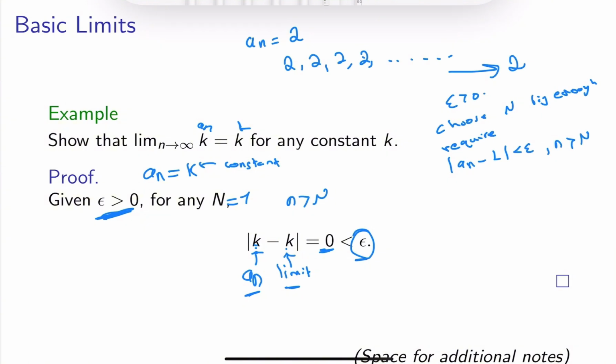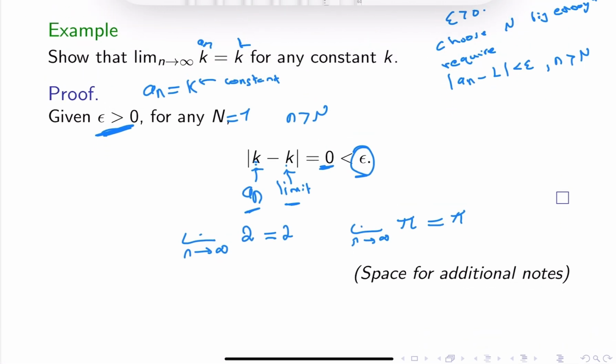So we just proved that if you have a constant sequence and you take the limit of that, let's say the sequence 2, what's the limit of it? It's 2. What's the limit as n tends to infinity of the sequence pi? It's just a constant. Well, it's pi, right? So as you see, these things that you expect are actually true mathematically.